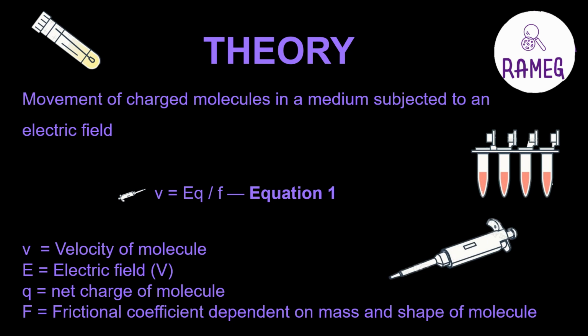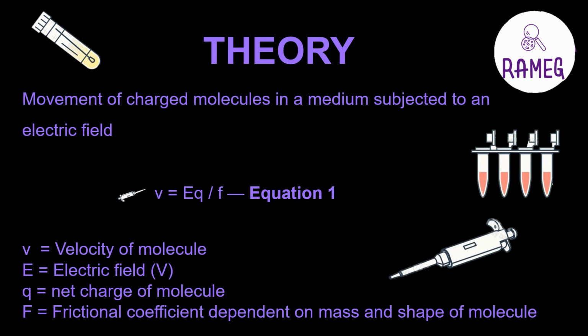Based on the equation shown in the slides, velocity is directly proportional to the electric field and the net charge, as I mentioned earlier, and is inversely proportional to the frictional coefficient, which is dependent upon the mass and the shape of the molecule, also referred to as the molecular weight.